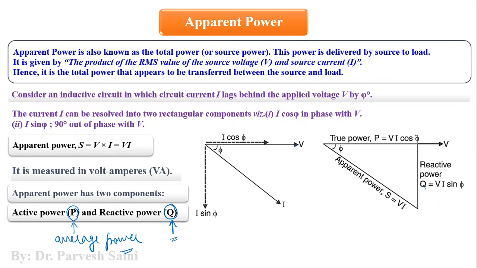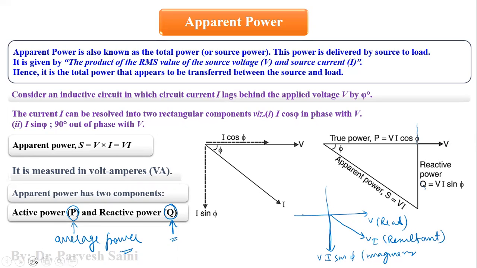This one is nothing but the y-axis. If you compare this in terms of axes, this is V, which is the real axis, and this is I or VI sin phi. This is your imaginary axis, and this is your V into I, which is the resultant.